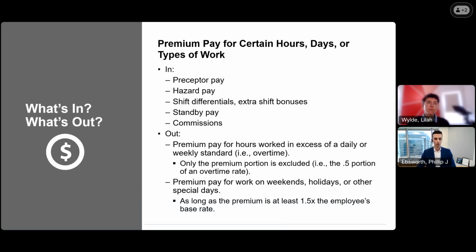A general rule of thumb, and again, say general, there are exceptions to this, is that if it is a premium or a pay that is paid at the regular rate itself, it doesn't need to go into our regular rate calculation on the top. And part of that is kind of a logical sense, because if you had to put it into the fraction to find it in the first place, we'd be stuck in this never-ending loop of math that doesn't make any sense. So those are the premium pays that do go in.